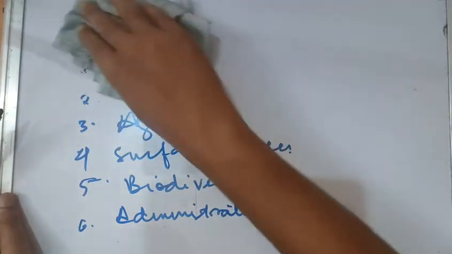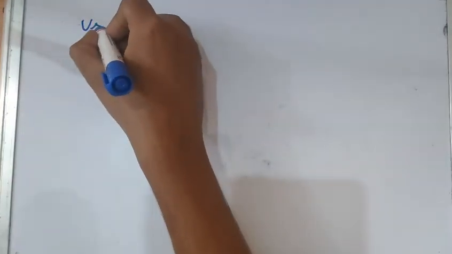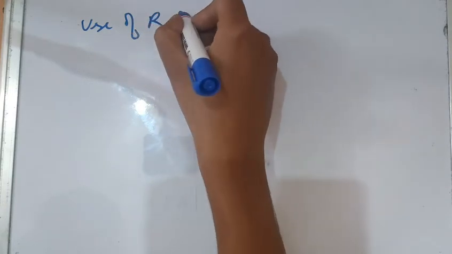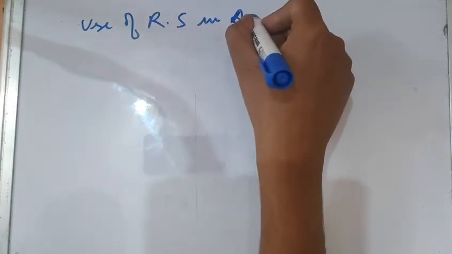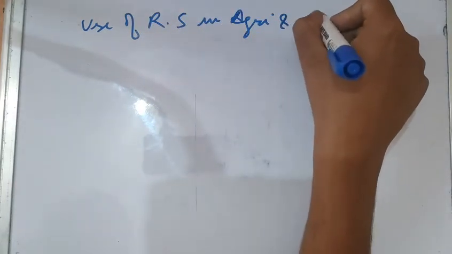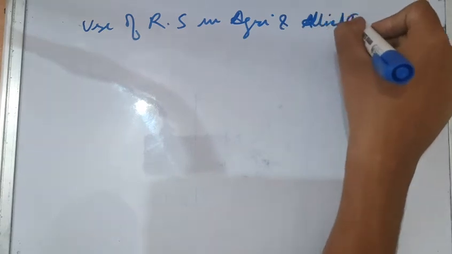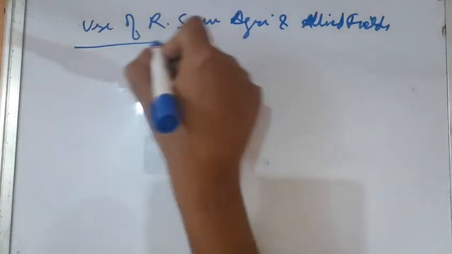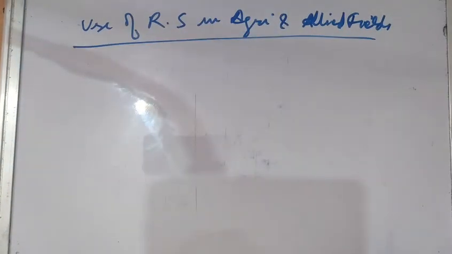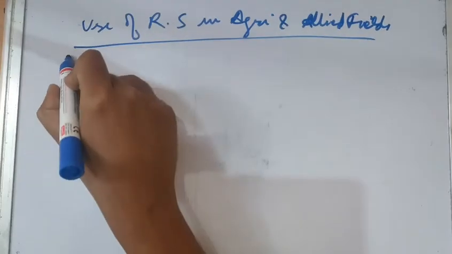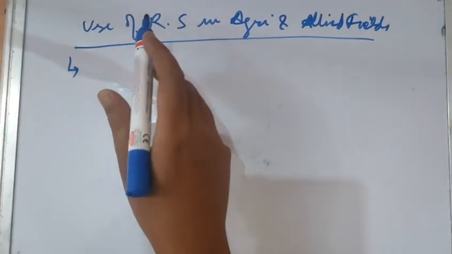But as ours is the agricultural option, what we need to focus on is its major applications in relation to agriculture and allied fields. How can we use remote sensing in agriculture? How is remote sensing helpful there? We're going to discuss some.